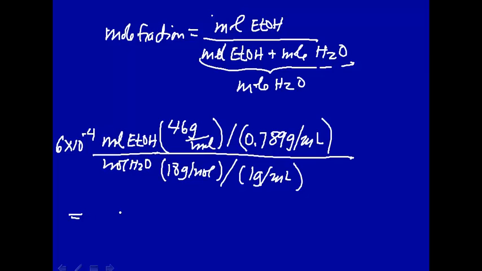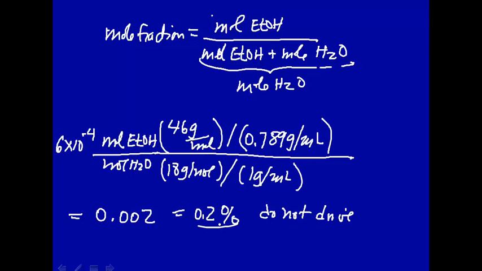You put that into a calculator, you get 0.002. And that is equal to 0.2%. So if you blow this, do not drive. You're actually very drunk and probably near passing out.